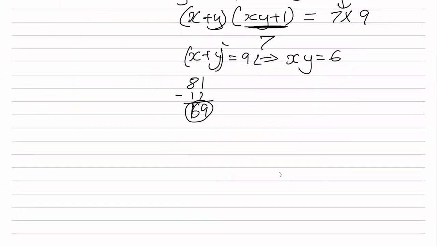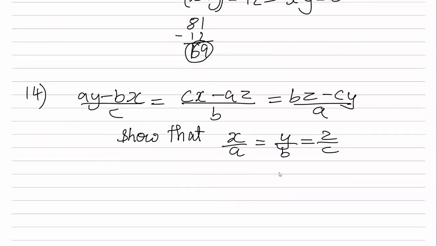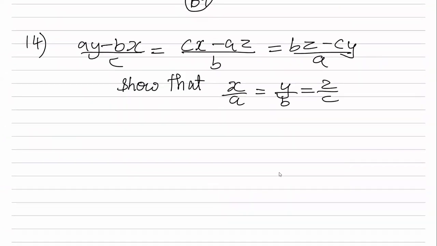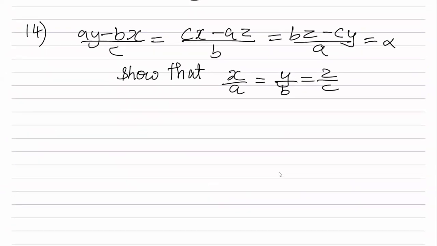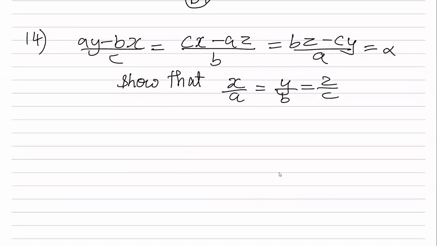This question 14. You can assume that this is equal to some number, let's say alpha. The next step will be to multiply by c.